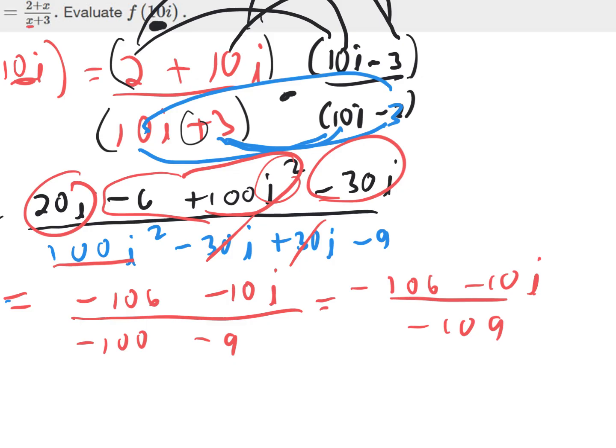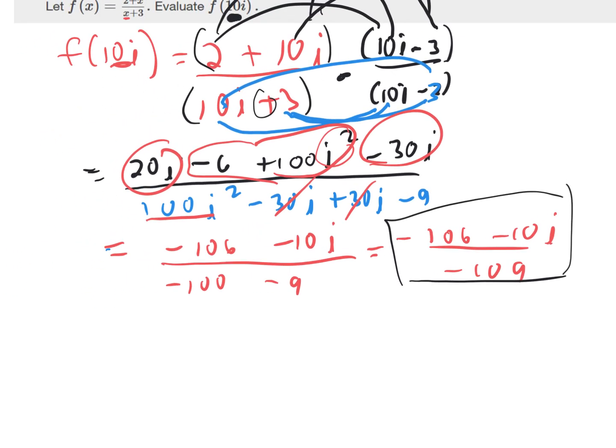I like this answer. To be totally honest with you, I don't see why I would play with it, but I have a gut feeling that this is probably what the author's going to do. They're probably going to say, hey, this has negative, that has negative. You could factor the negative out, leaving 106 plus 10i.